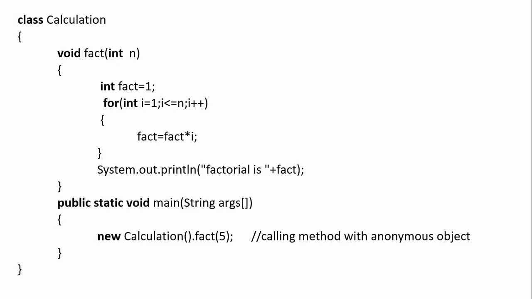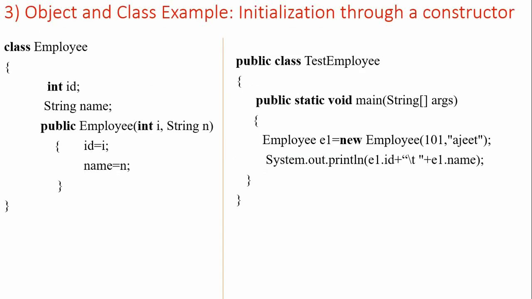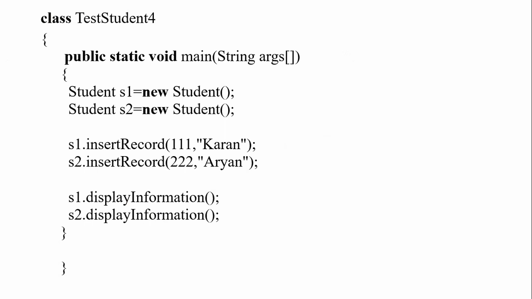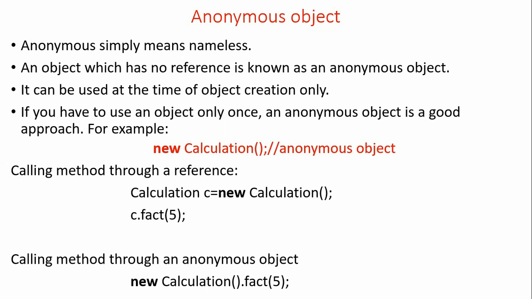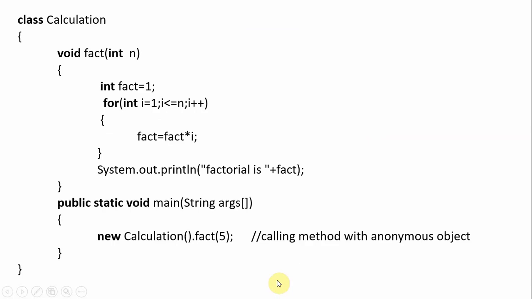If you want to use it more than one time, like S1.insertRecord, S1.displayInformation, then giving a name to an object is good. But if you are calling it only one time, then an anonymous object is used only once. This is the way you can call it.